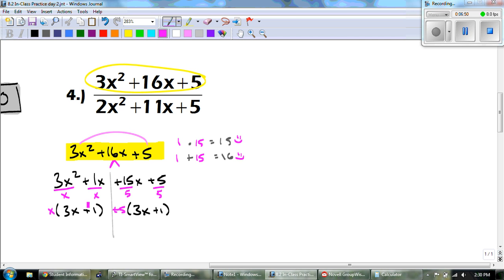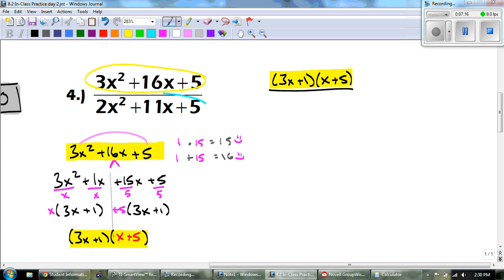And there we go. What do you know? We did it right. So my binomial now is 3x plus 1, x plus 5. Okay, and that's our numerator, so that's going to go on the top up here. All right, 3x plus 1, x plus 5.